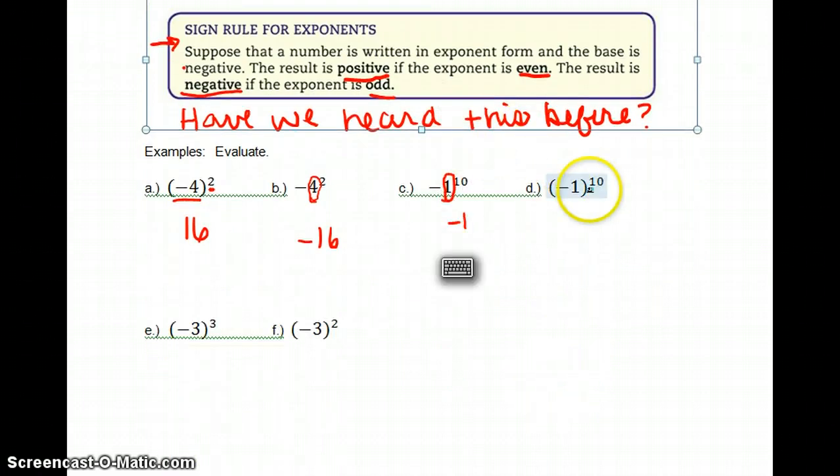We can now use this rule. We have -1 all being raised to the 10th power. Since 10 is even, we know that our answer is going to be +1. Letter E, we have -3 raised to the 3rd power. Since the power is odd, we know that our answer will be negative.